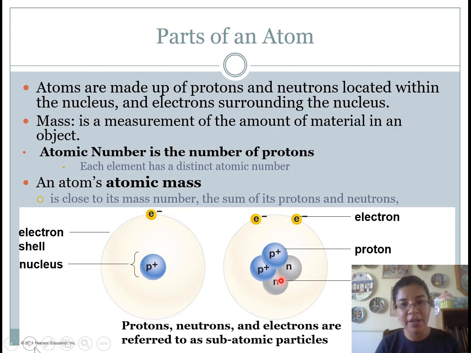Neutrons are denoted by the letter N. Surrounding the nucleus in orbits, or orbital shells, we have electrons, shown by the letter E with a negative charge. So the charges are positive for protons and negative for electrons. This is the basic anatomy of the atom.